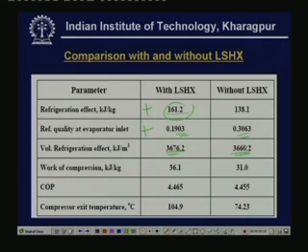So, why is volumic refrigeration effect remaining same even though specific refrigeration effect has increased? This is because the inlet condition to the compressor with liquid suction heat exchanger is in superheated region. So, once it goes into the superheated region, its specific volume increases. Okay, density reduces, so specific volume increases. So, the expression for volumic refrigeration effect, as you know, is nothing but the refrigeration effect divided by the specific volume.